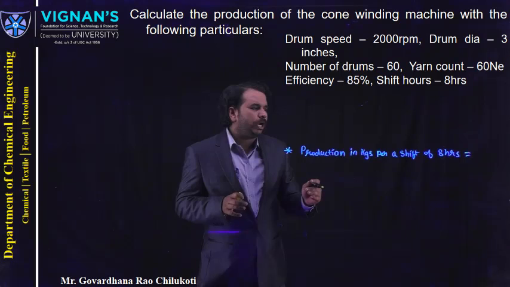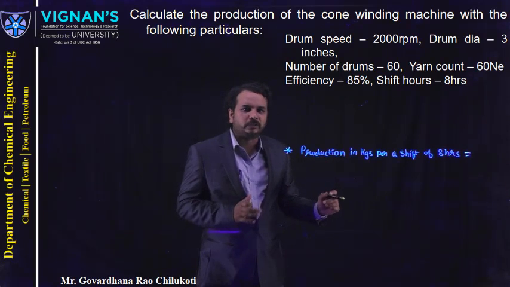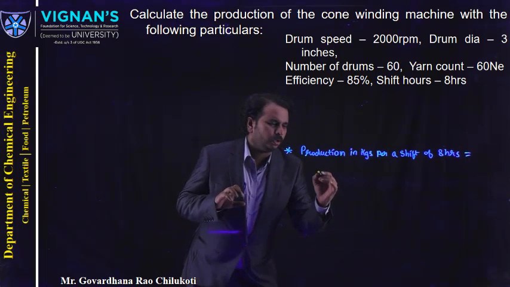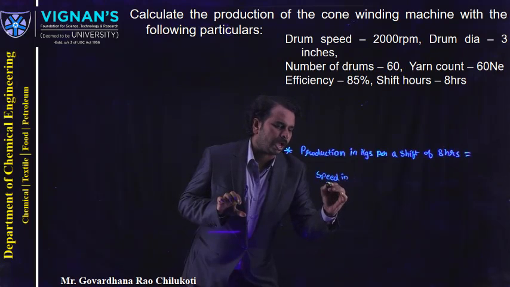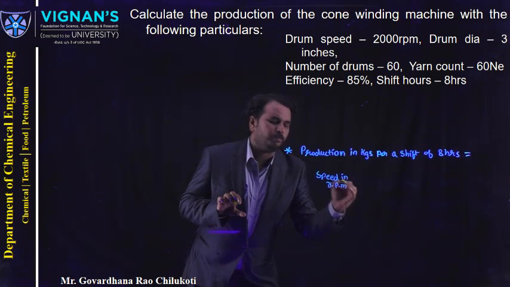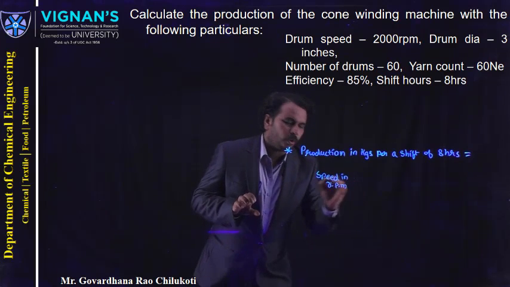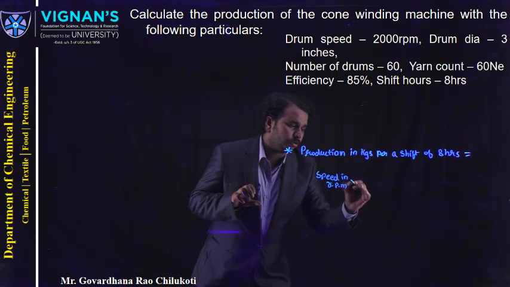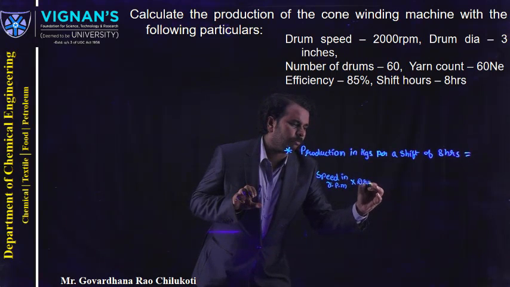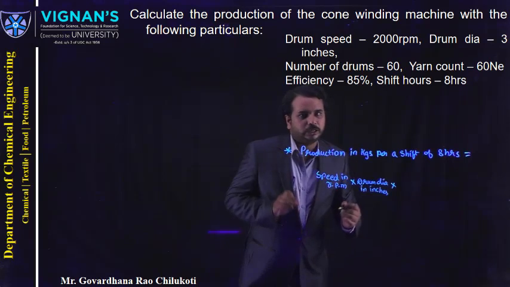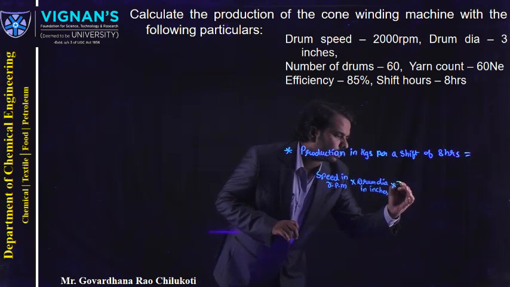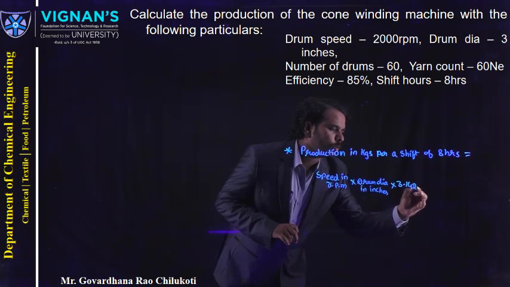Production in kgs per shift of 8 hours involves the drum speed in revolutions per minute, the drum diameter in inches, and for calculating the surface speed, pi, 3.1428, is required.